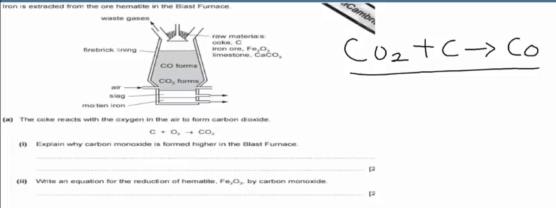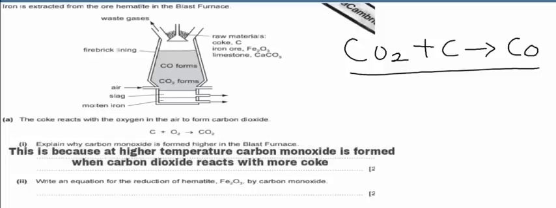So we are going to say this is because at high temperature, carbon dioxide reacts with more coke to form carbon monoxide.